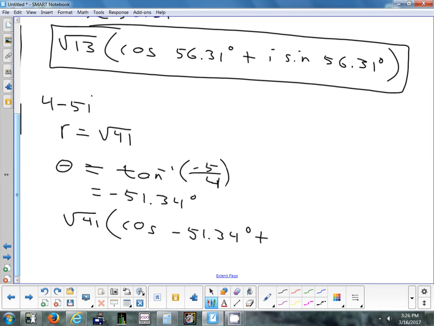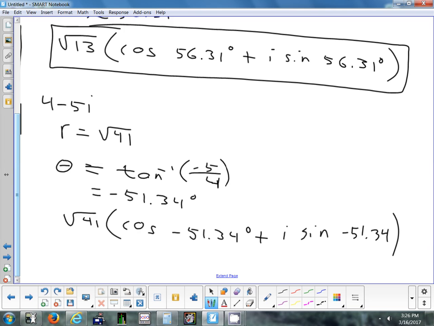We didn't fix the negative here, so we probably shouldn't fix it in the other part either, unless this is a final answer, then we should fix it. So what would you put here if we don't fix it? i sine negative 51.34.